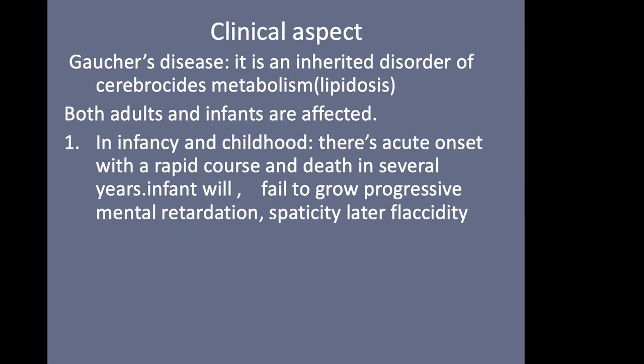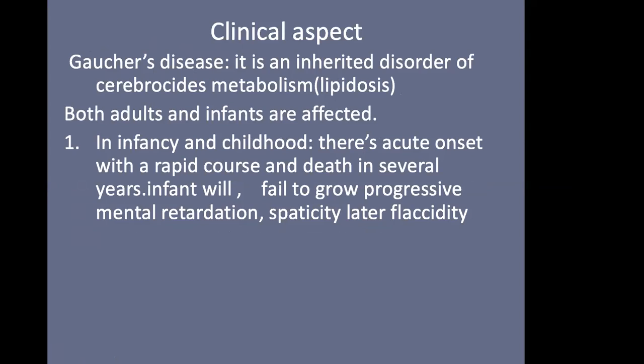The clinical importance of cerebroside is that its metabolic defect can lead to Gaucher disease. Now, what is Gaucher disease? Gaucher disease is actually the accumulation of various cerebrosides in our body tissues.